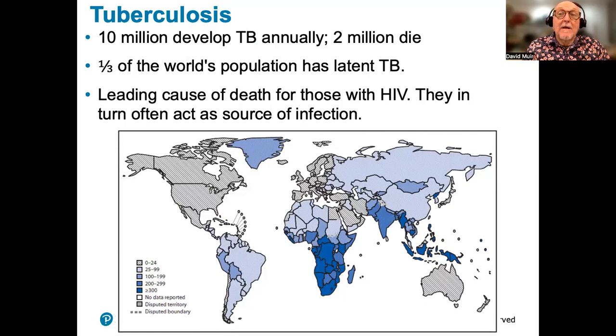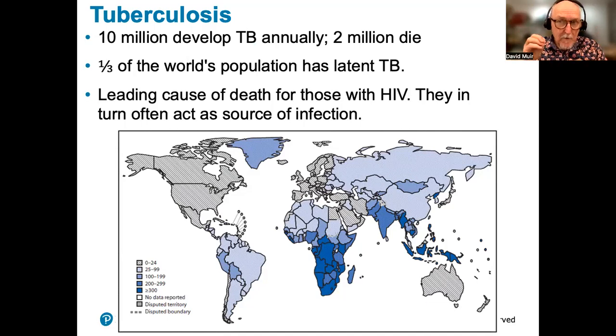But the astonishing figure is if you go and look at the worldwide population, you find 1/3 of the population have latent TB. That is, they have a consolidated tubercle, at least one, in their lungs that may remain latent for their whole lives and never break out.